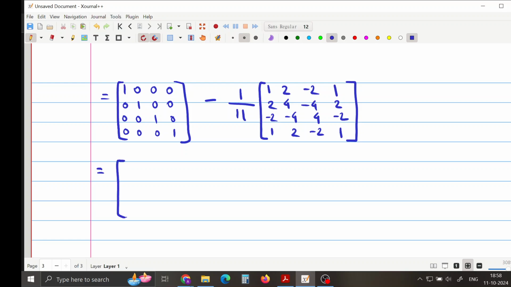And now it's just simple. So I'm multiplying this scaling factor to the second matrix.